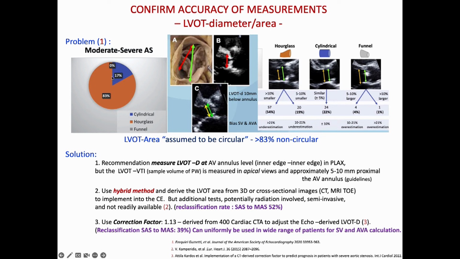Look, only 17% of the patients with moderate to severe valve stenosis have got cylindrical LVOT geometry, which means that the diameter is correctly used and the circular equations applied properly.